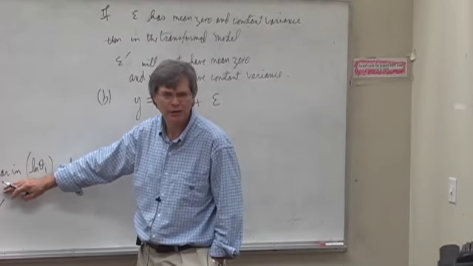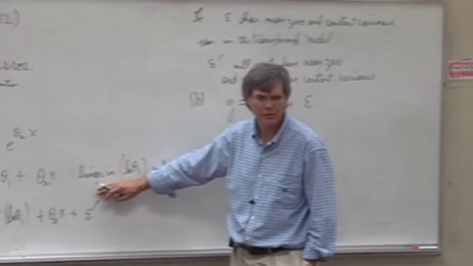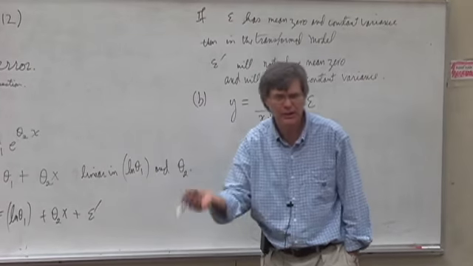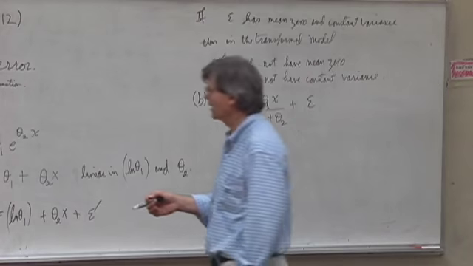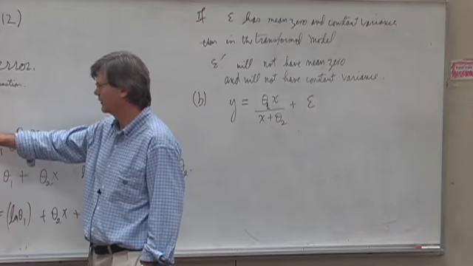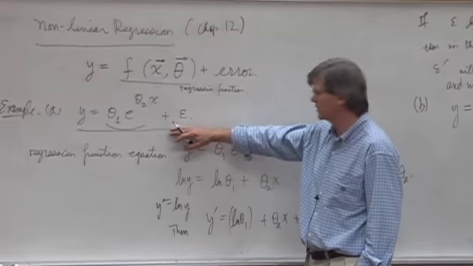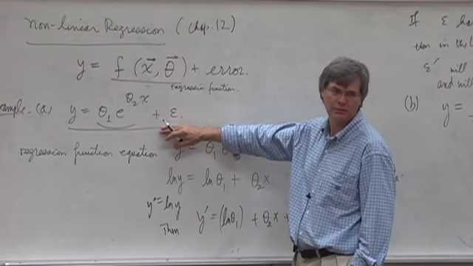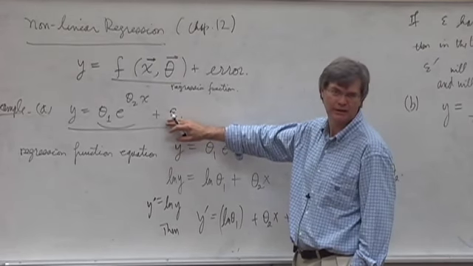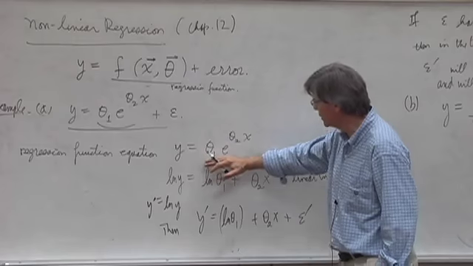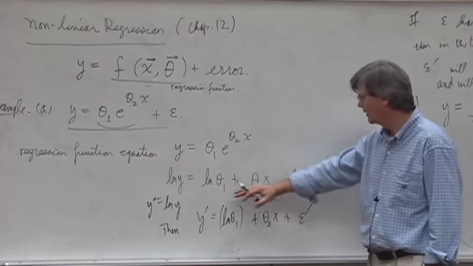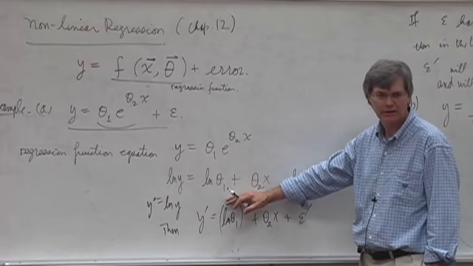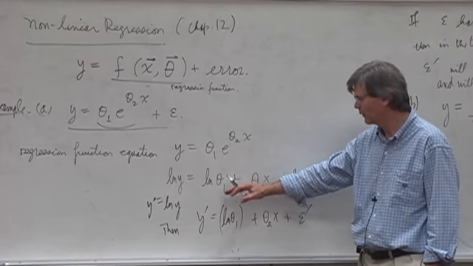The author tried to make some kind of point about the regression equation being intrinsically linearizable versus the model equation being intrinsically linearizable. I'm saying that this model equation is not intrinsically linearizable because I can't deal with the epsilon. The regression equation is intrinsically linearizable because I can linearize it by transforming the variables.